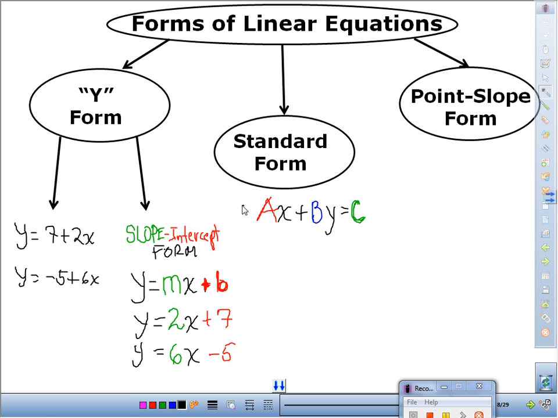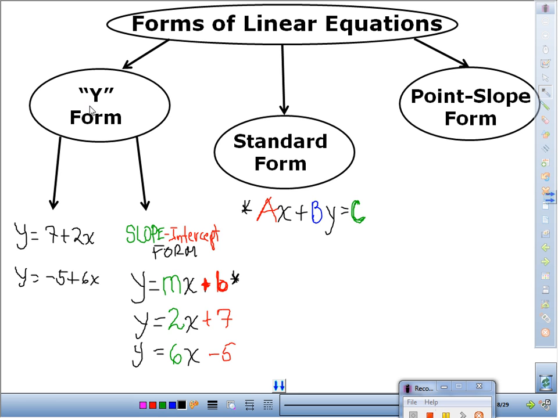If I was to look at this standard form and compare it to the slope-intercept form, which is this one, one thing that you would notice is that standard form has both variables, x and y, on the same side of the equation. Do you notice that?